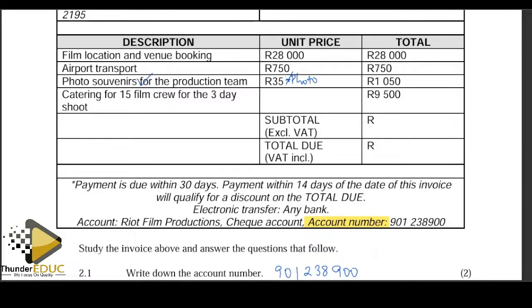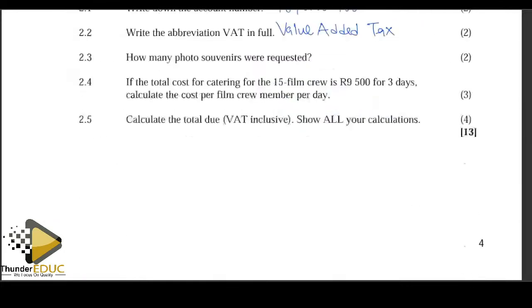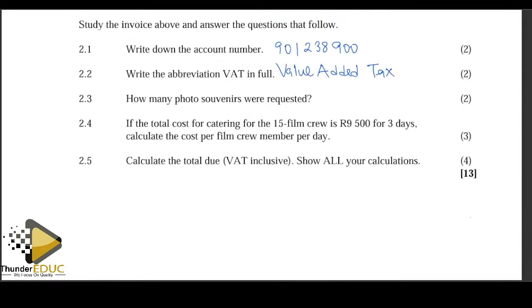The answer is going to be obtained by dividing 1,050 by 35.